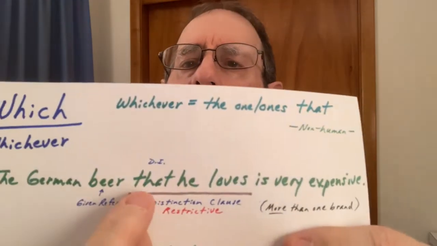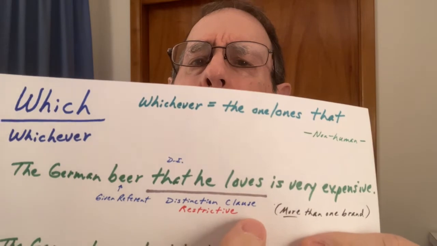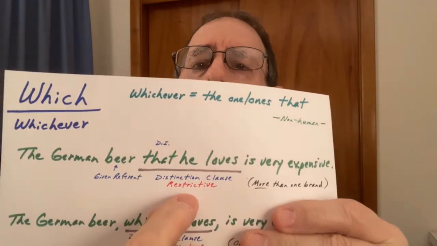That's plain as can be. You can see it clearly. It's not hidden. You don't have to pull it out. That he loves is your distinction clause. And it's restrictive, meaning you can't really take it out and impart the correct meaning of the sentence.